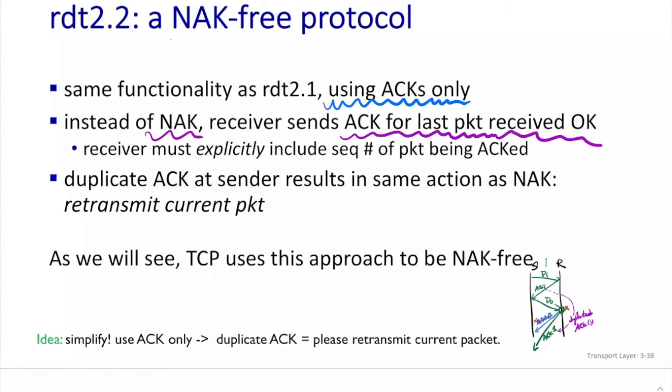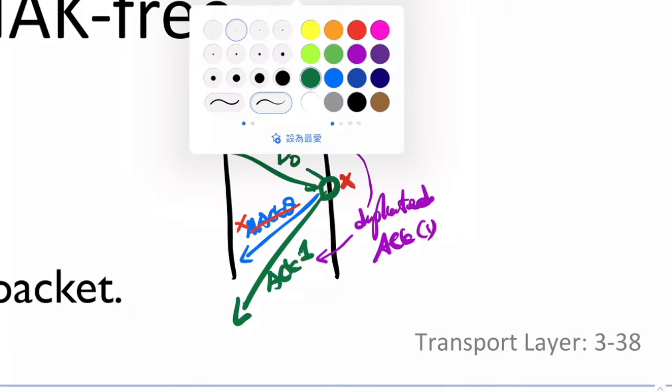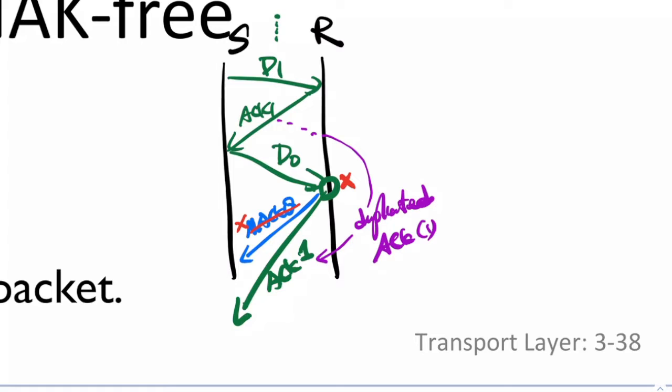In this green example, that is ACK1. The receiver must explicitly include the sequence number of the packet being acknowledged, so the sender knows it is a duplicate ACK, which indicates something is wrong at the receiver. So a duplicate ACK at the sender results in the same action as a NAK, which is retransmission. After the sender receives the duplicate ACK1, the sender will send D0 again, and that is a retransmission.